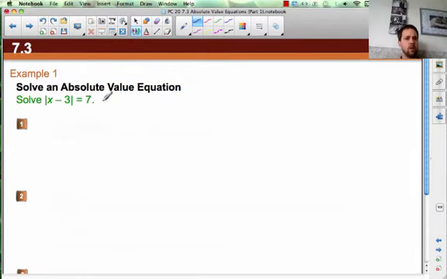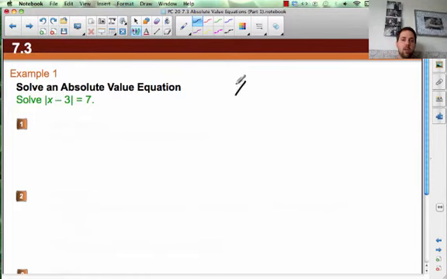Alright, so solve a simple absolute value equation here. The absolute value of x minus 3 equals 7. There are two cases. We know that inside x minus 3, when x is 3, this is our turning point.